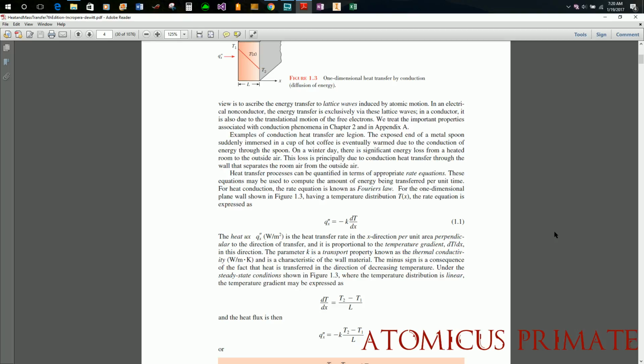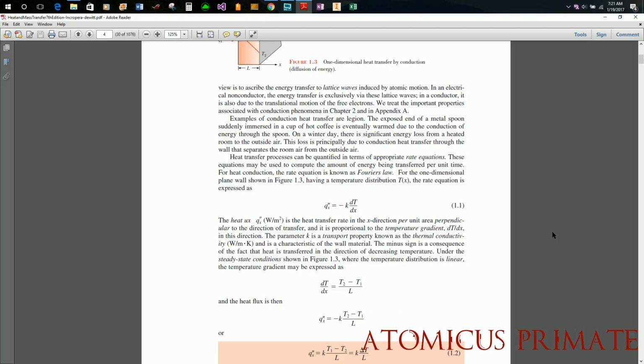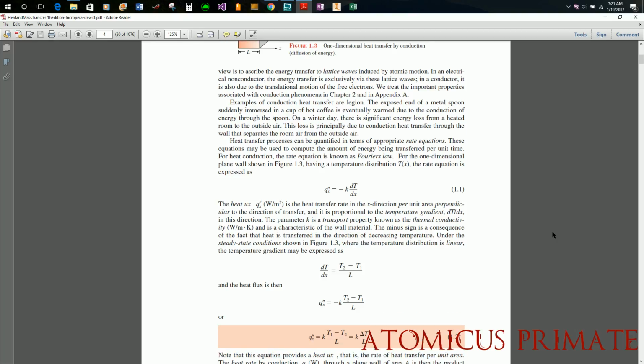The rate equation is expressed as q double prime sub x equals negative k times dT over dx. So q sub x is a constant times the derivative of T with respect to x.